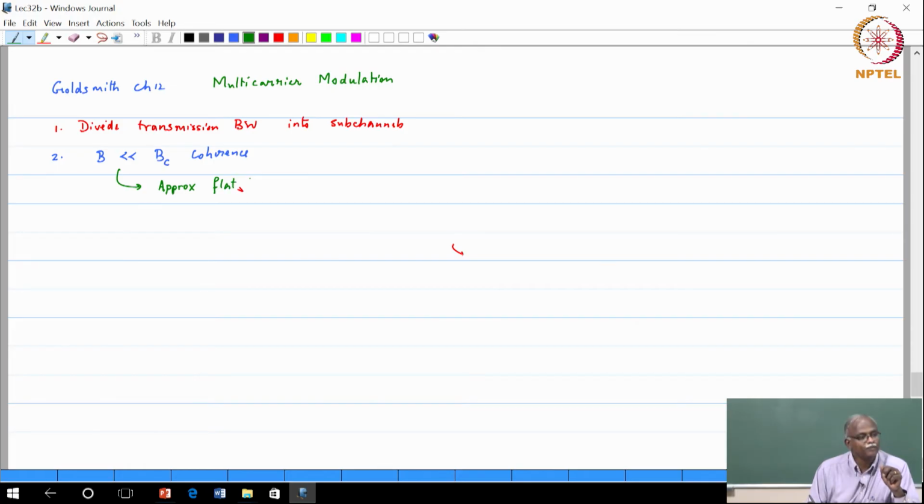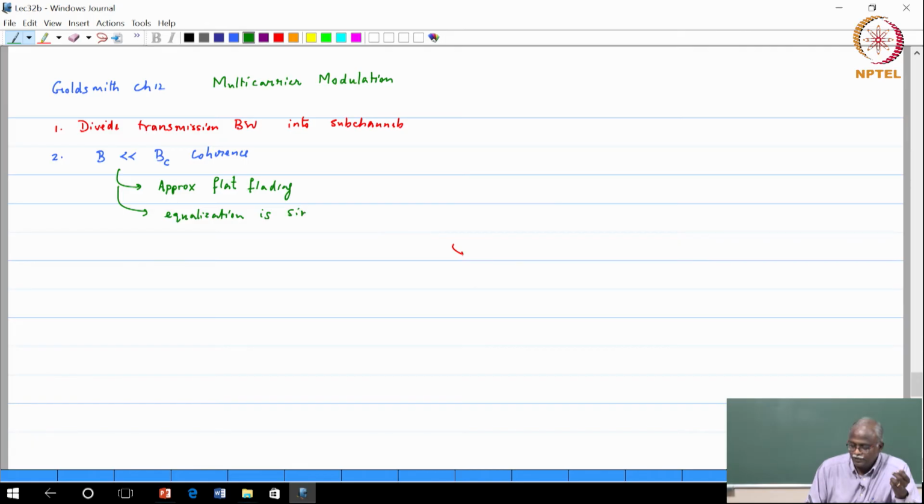I know exactly why this statement is there, because you already know the background of what has already been discussed here. So, basically this will be a scenario where you will have approximately flat fading. This also says that equalization is simple.